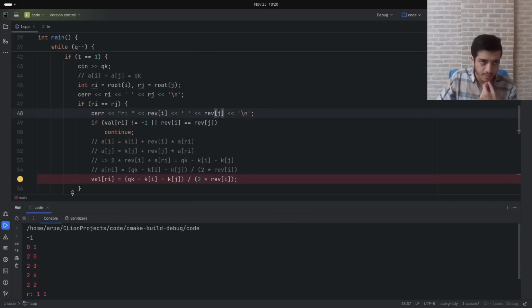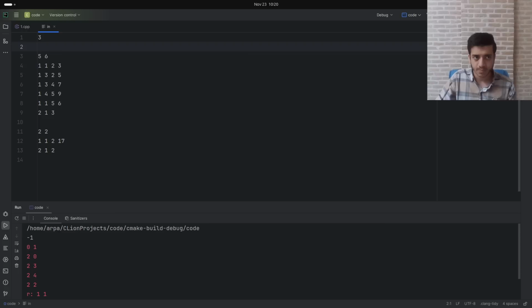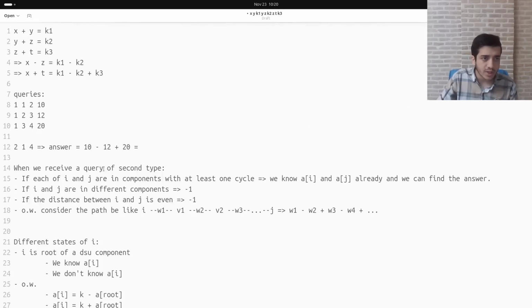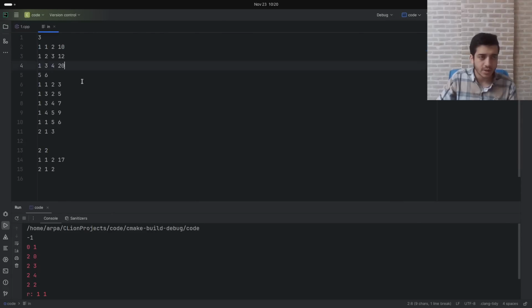Yes. Okay, let me make some easier query. Just like 3, 1, 1, 2, 10, exactly something like this. Yeah, let me copy paste it here. 3 and 4, 2, 1.